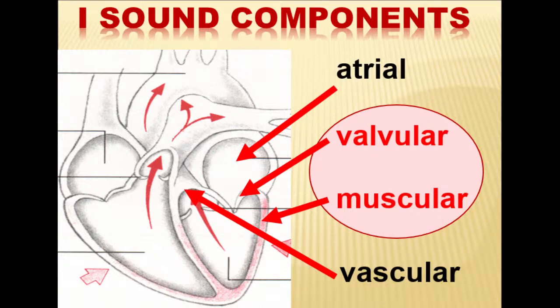First heart sound is formed due to audible vibration of the atrium, valve, muscles, and aorta or pulmonary trunk. Intensity of the first sound depends from activity of atrioventricular valve and ventricular muscles.